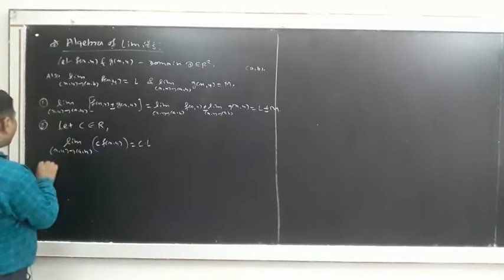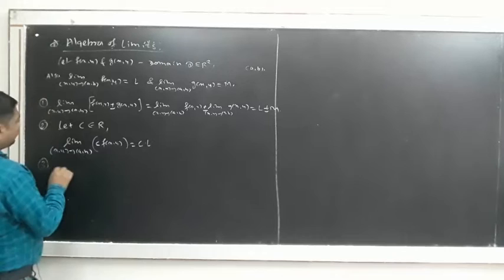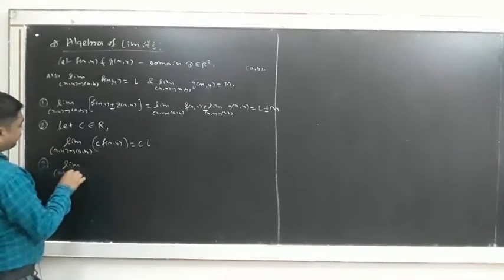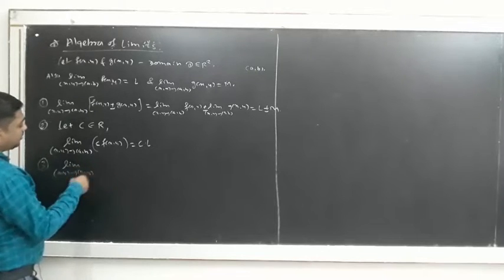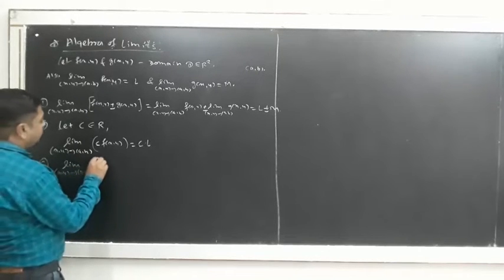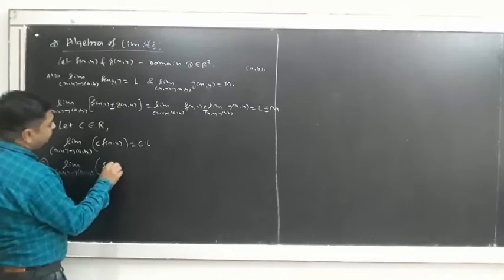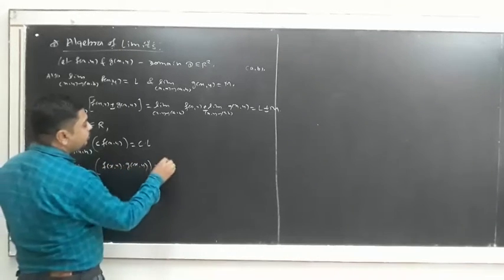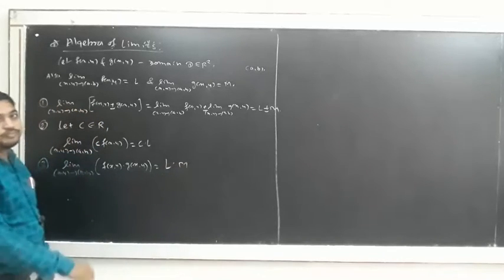Third one, the product: limit xy tends to AB of the product of functions f of xy into g of xy should be L into M.